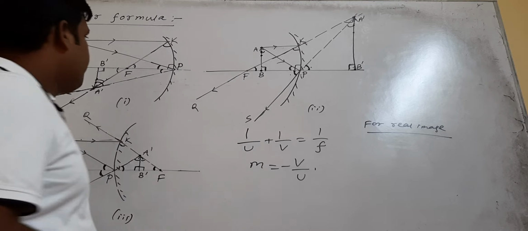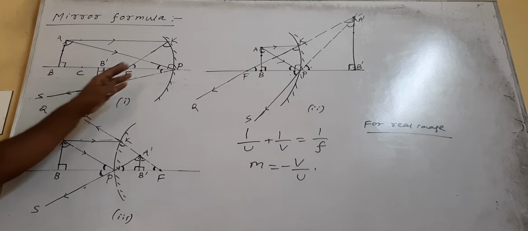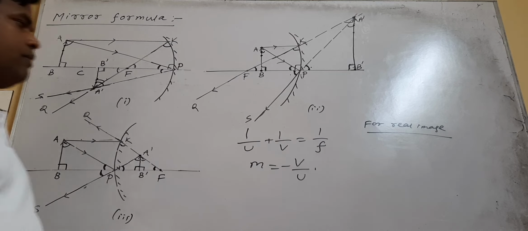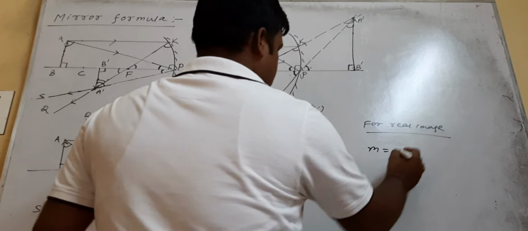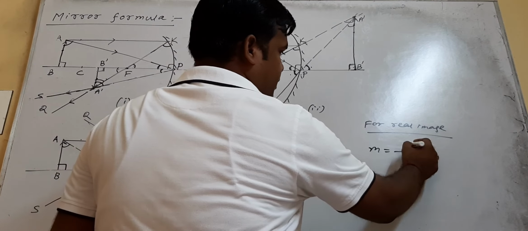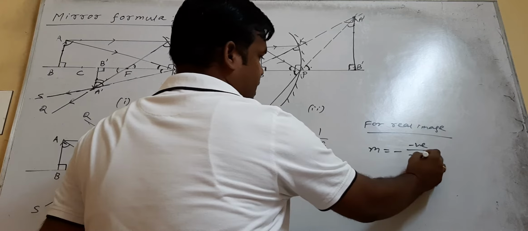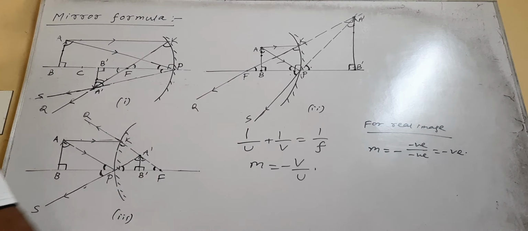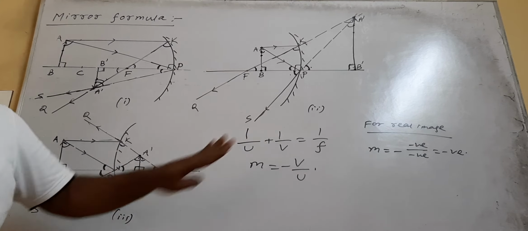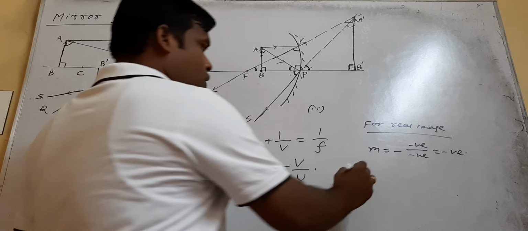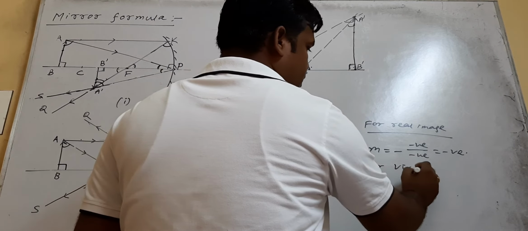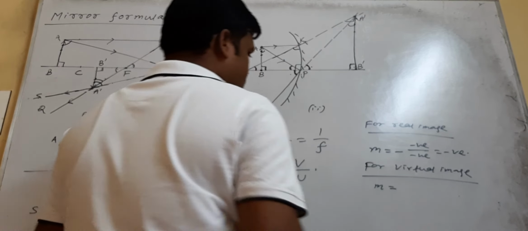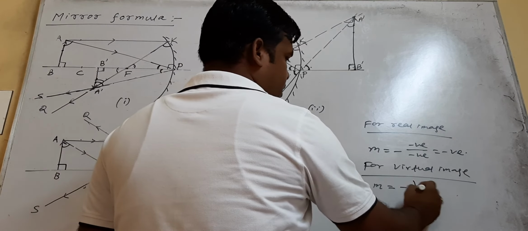So now come to a real image. You see image distance is negative, the object distance is also negative. That means m is equal to minus of v negative divided by u also negative. That means it is negative. So the magnification sign for a real image is negative, but the formula remains the same. Now for a virtual image, m is equal to minus v by u.